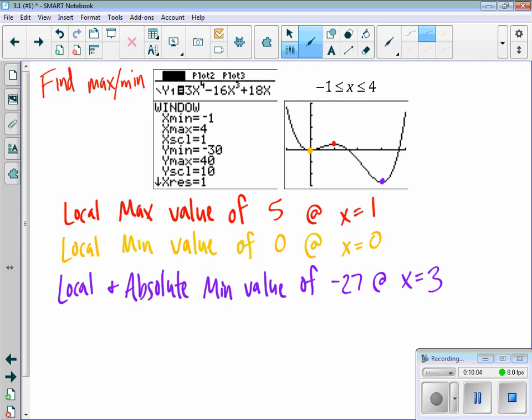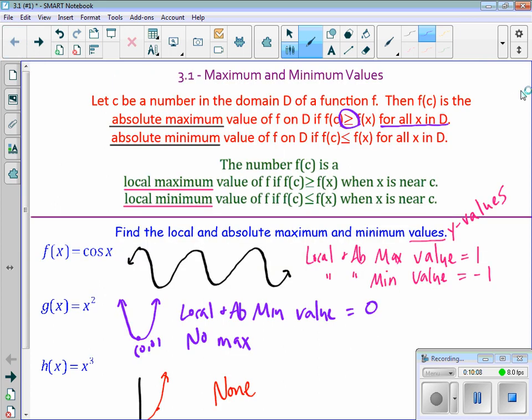Okay, now the only other thing that you have to pay attention to here, which we haven't discussed yet, is that local maxes have to have an interval around them. So local maxes and mins can't occur at endpoints.